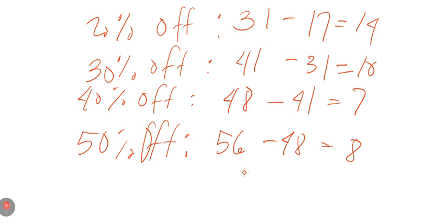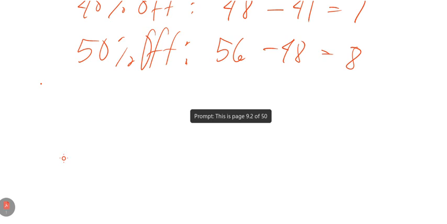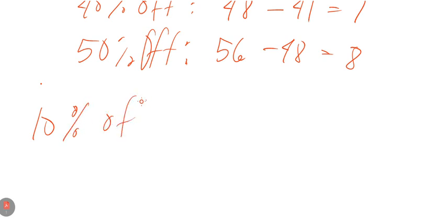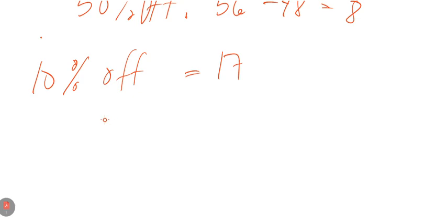Now, let's calculate the experimental probability. For the first one, 10% off, the frequency is 17.